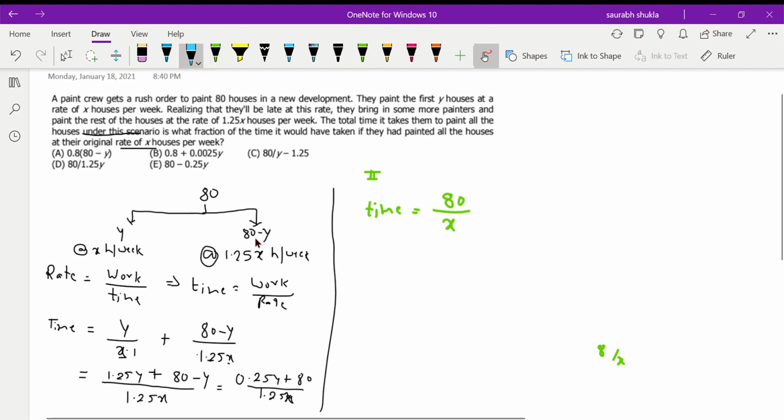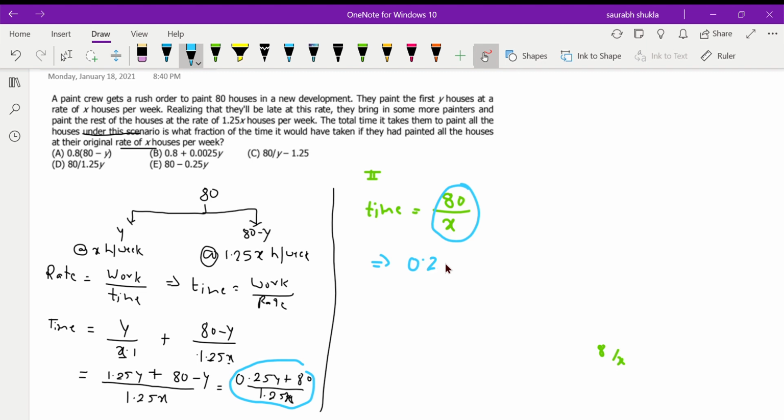So they're asking this time is what fraction of this time, right? So that means this is going to be numerator and this is going to be denominator. Let's do that. So 0.25y plus 80 divided by 1.25x. This entire thing is divided by 80 by x.